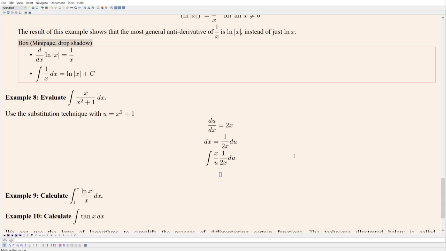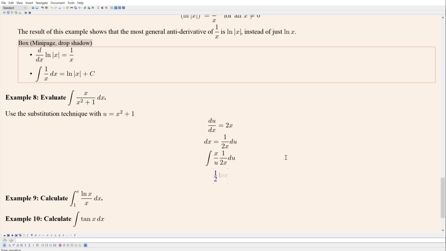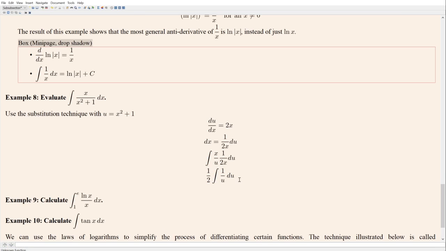Okay, so what happens? Well, we've got an x on the top and an x on the bottom. Those both cancel. We have a 1/2, which I can pull out front, because that is a constant. And all I am left over with is the antiderivative of 1 over u du. Well, how convenient that we were just talking about the antiderivative of 1 over u.